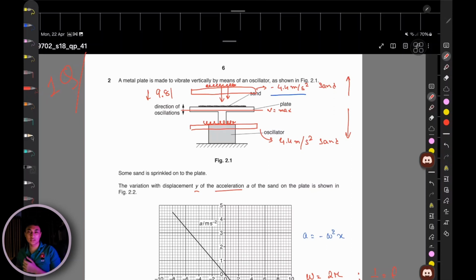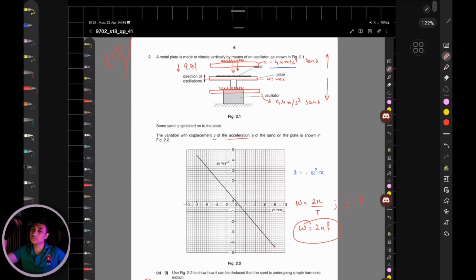At the lowest position, it's going to be due to your plate pulling your sand particles up, so it's going to exert a force upwards on the sand particles, right? That is why in both cases you're going to see an acceleration of 9.81. But it's only going to lose contact in the topmost position where the force exerted by the plate is 0. Hence, no contact between the sand particles and the plate, right?